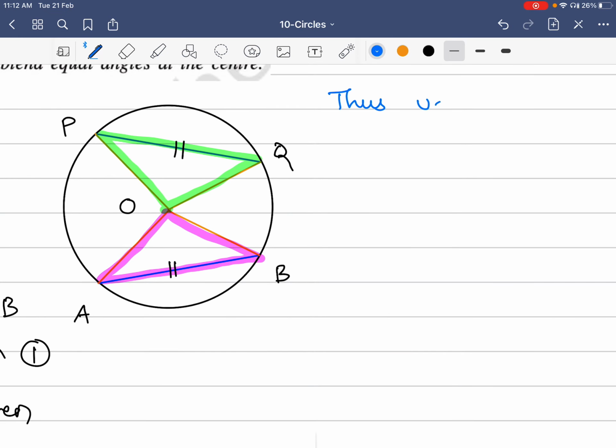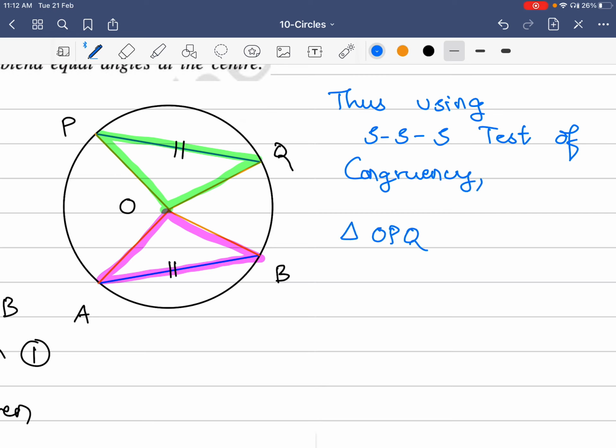Thus, using the side test of congruency, we can say that triangle OPQ is congruent to triangle OAB. Quite simple and straightforward. Using the side test, all three sides of this triangle are equal to all three sides of this triangle, which means these two triangles are congruent to each other according to the SSS test of congruency.